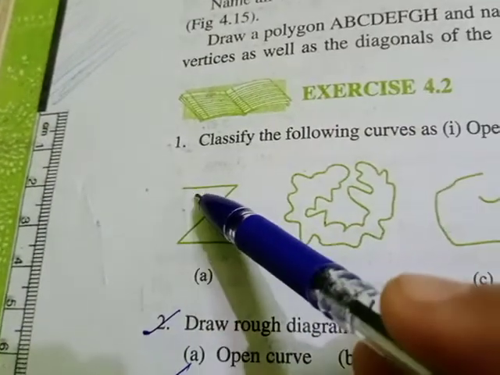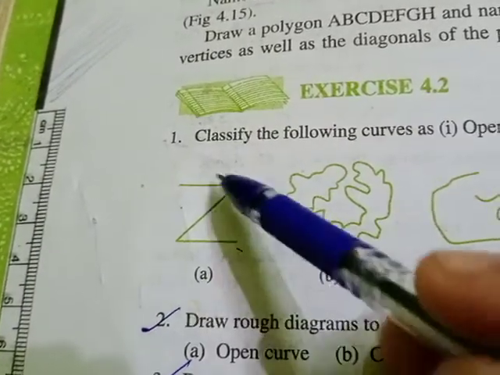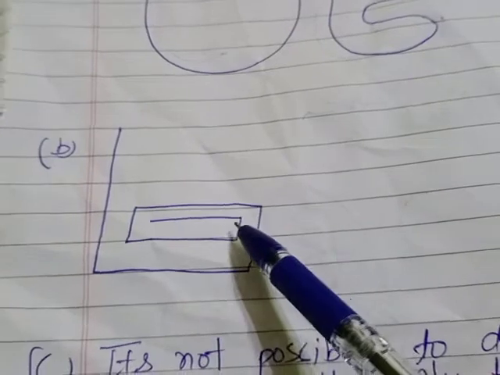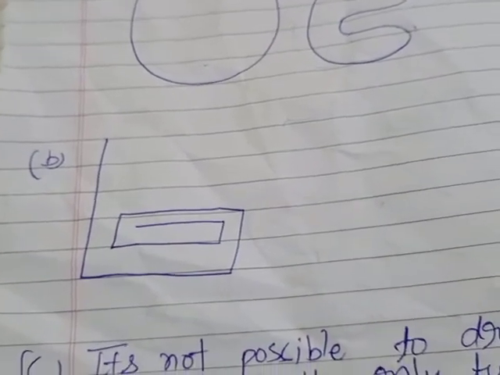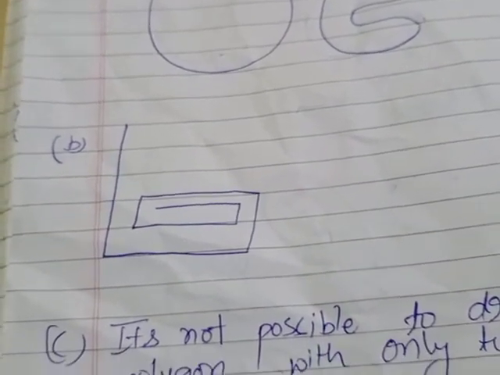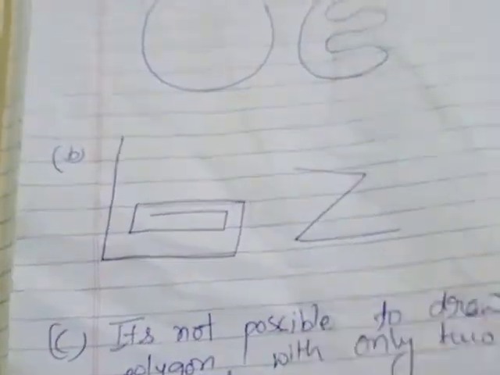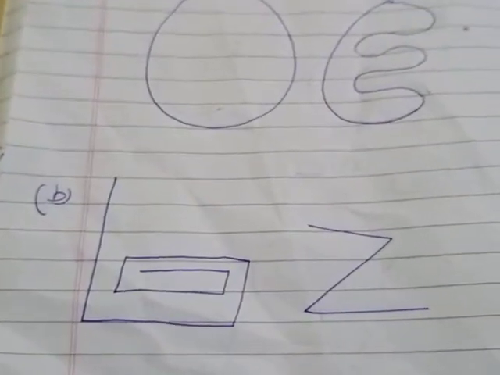This is open and it is made up of line segments, right? Or else you can see I have made one here completely open, and no curves are there, only line segments. Keep in mind, in a curve, line segments could be there. So this Z also can be your answer, and the one which I have drawn here could also be there.